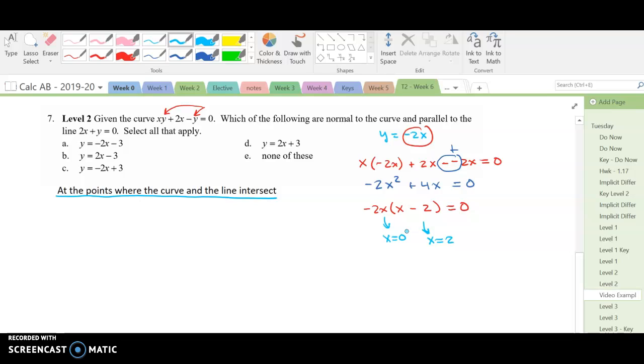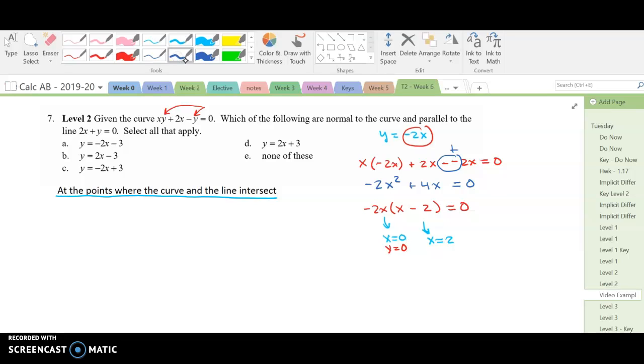When I plug in 0, I have 0 times y plus 2 times 0 minus y equals 0, or y equals 0. So when x is 0, y is 0. That's one of the locations.